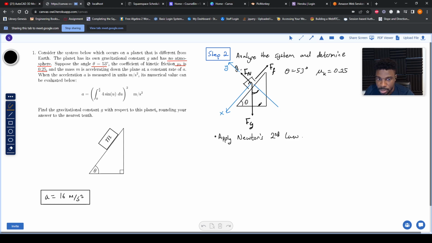So the question is, how do we determine what this angle is? Oh, it should be the same as the angle we already have. Yeah, it should be the same as this angle.